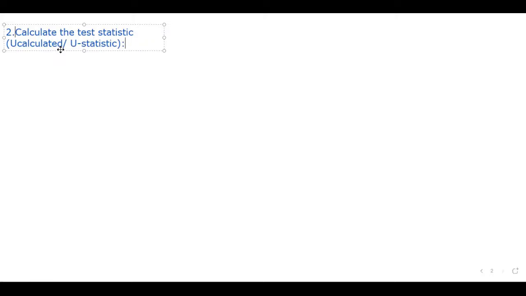So first of all, you arrange the data values in ascending order, from lowest to highest, irrespective of the group they belong to, and rank them. After ranking them, you sum up the ranks and use it to calculate the U for each group.